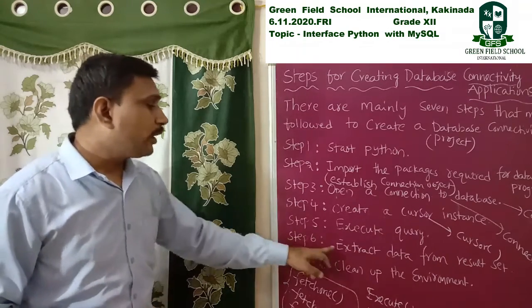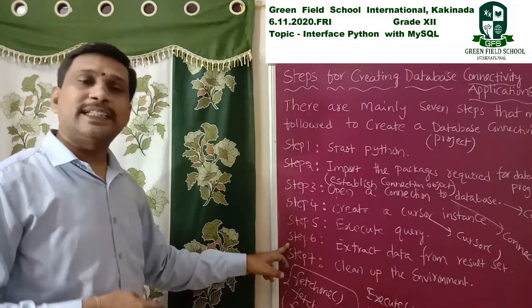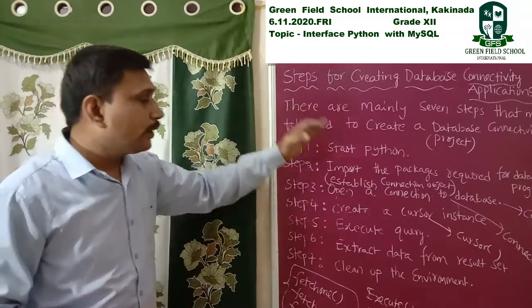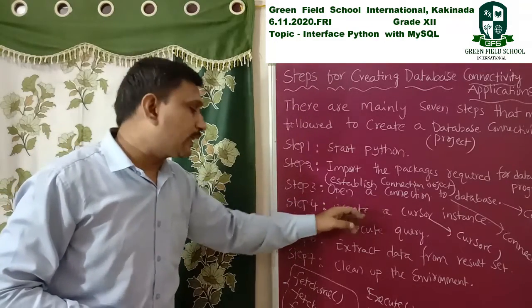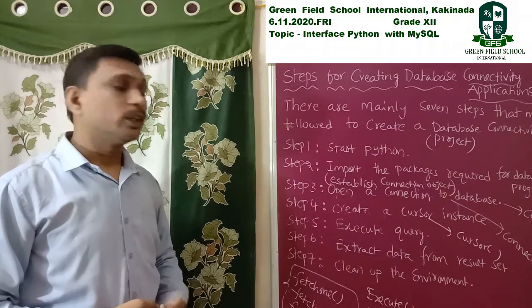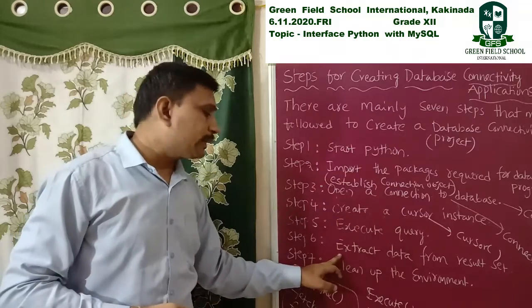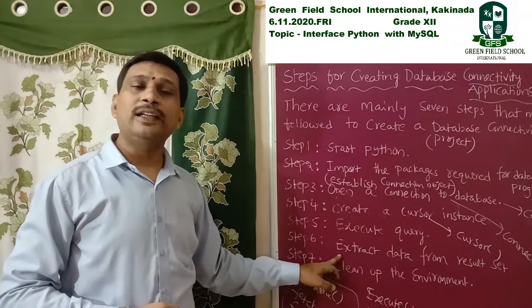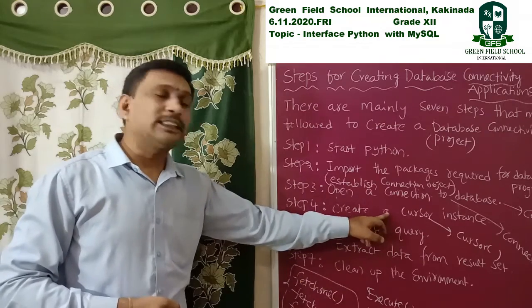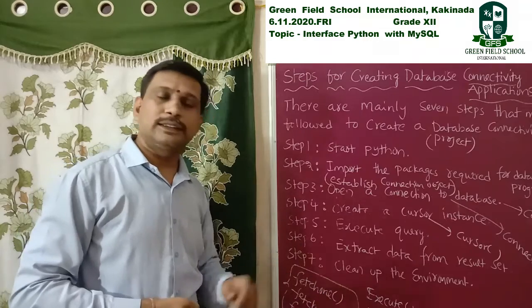Next, extract data from result set. Finally, we extract our required data from the server to the cursor object, and from the cursor object to Python programming variables. You get data from this cursor object to Python variables by using all these methods.